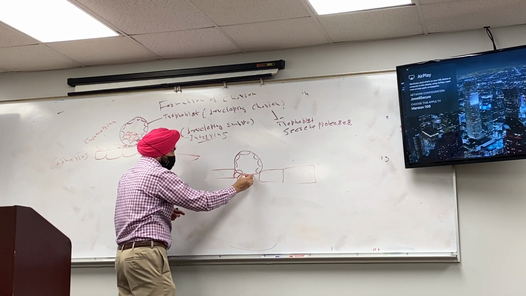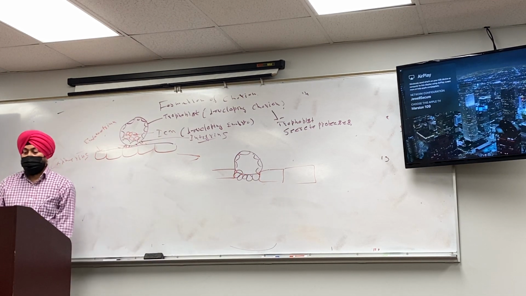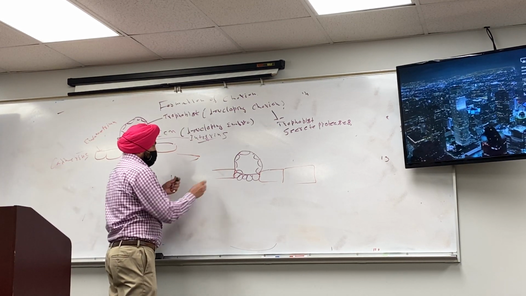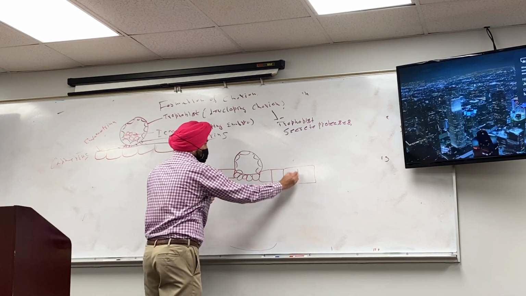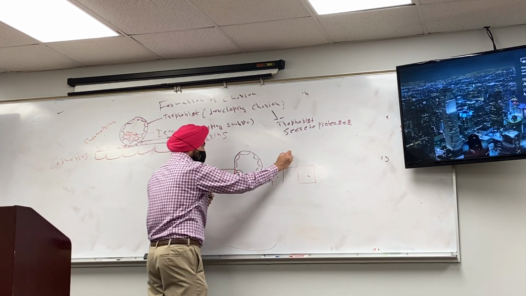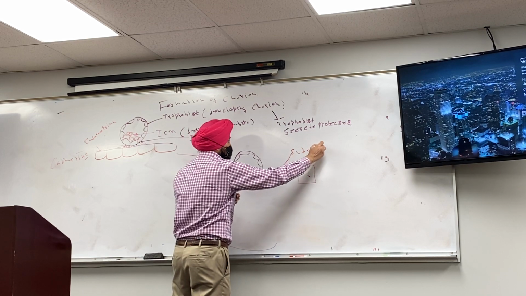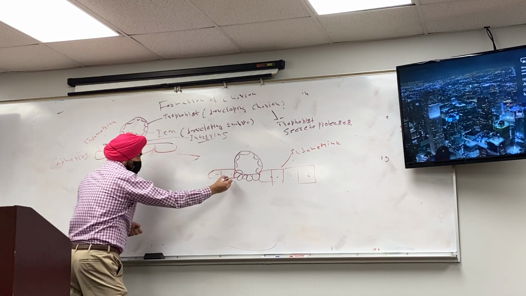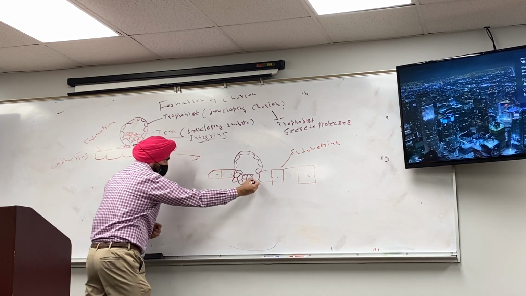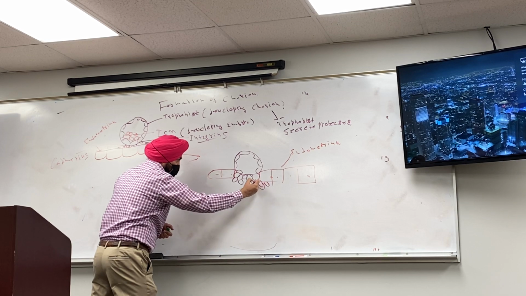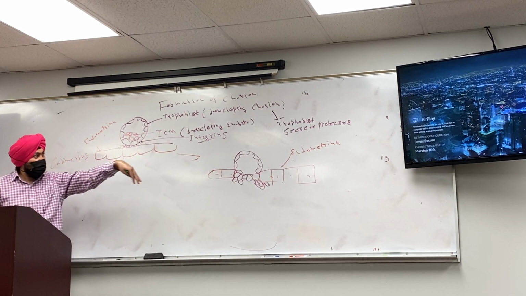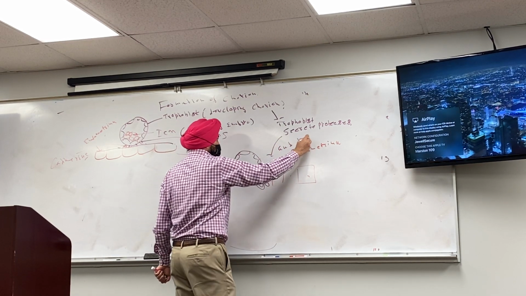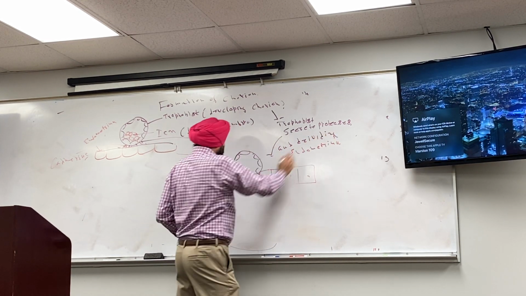So the trophoblast cells are coming there. This is again your endometrium. These cells right here are dividing as they go like this. The trophoblast cells are dividing, secreting proteases, and pushing down.